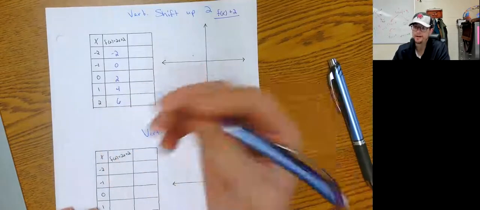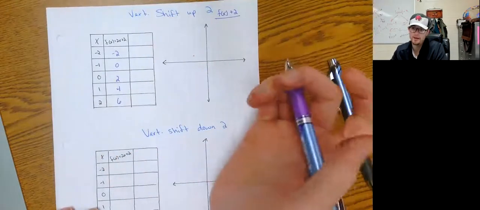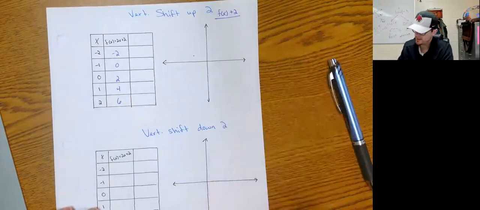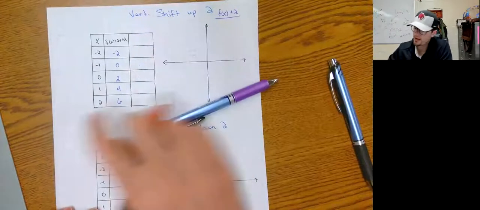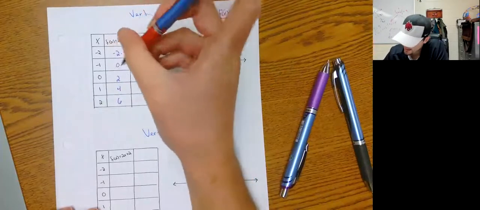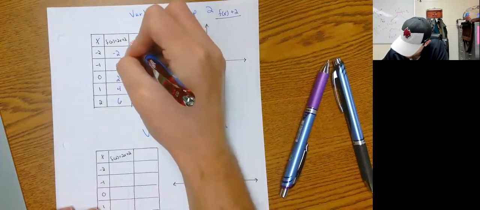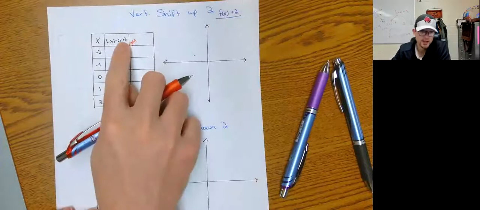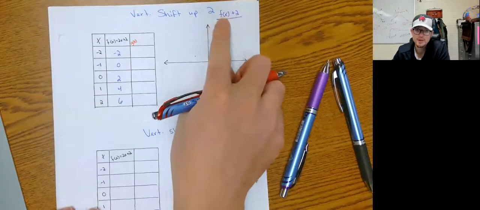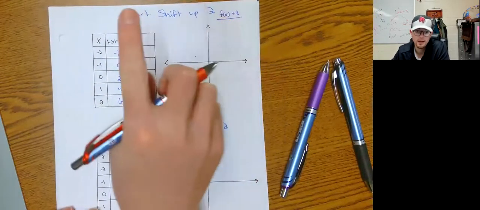All right, linear. Linears are easy: add the same amount, constant rate of change. We need g of x though. We do not know what g of x is. We do know that we're going to transform f of x by adding 2 to the entire thing in order to get g of x.